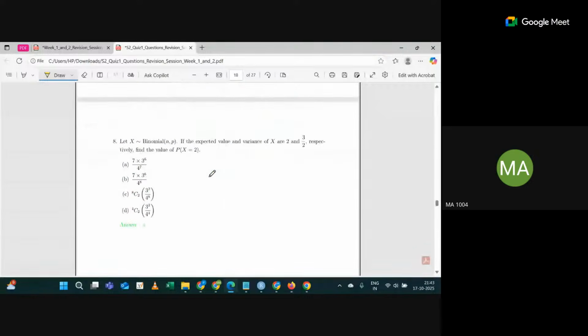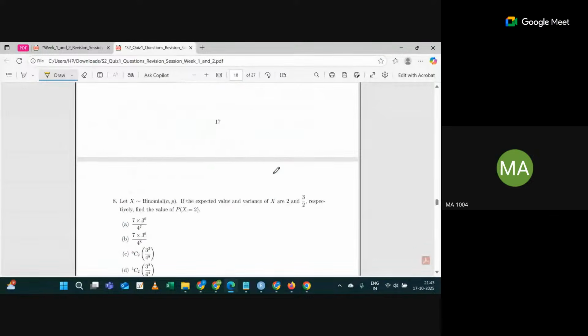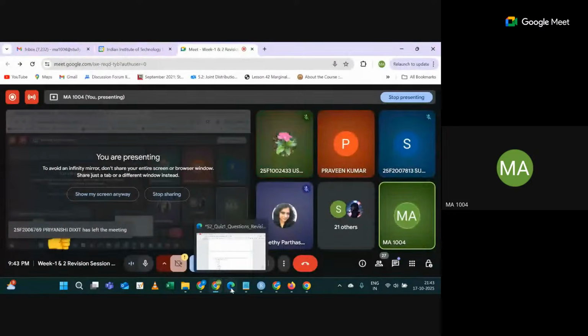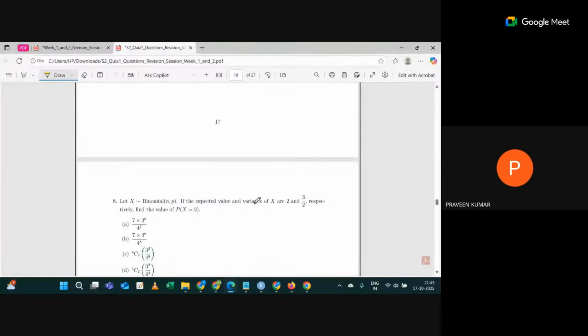What about this question? Can you solve this, everybody? By the way, if you are getting bored, let me know and I will stop the session. Please, if you feel I'm giving too many questions to solve, tell me, because sometimes people don't like to solve questions. I think this is a simple concept you can use.